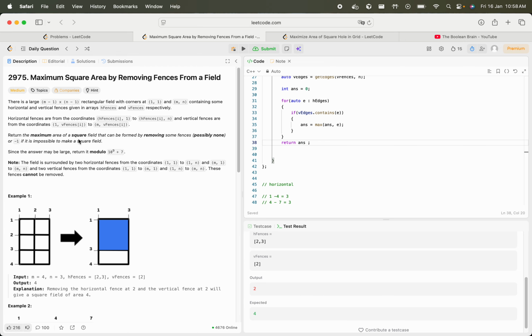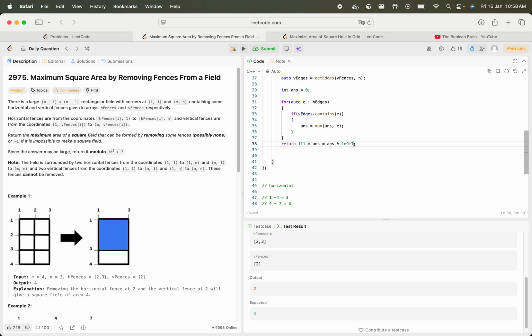I don't need to return just the common answer. In the problem statement, it's mentioned that we have to return modulo 10 power 9 plus 7. So what I will do, I will first compute the answer. Since this might become a bit large, I will cast it to long long, and take answer modulo 10 power 9 plus 7.